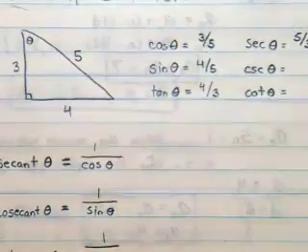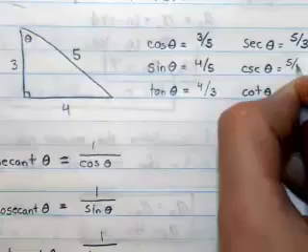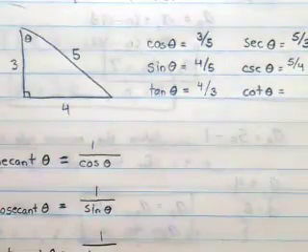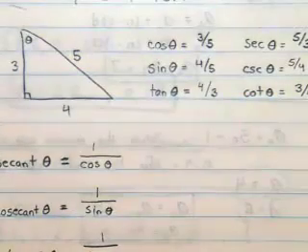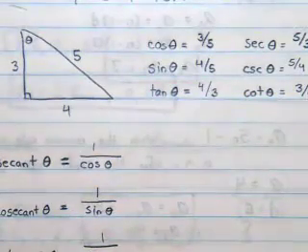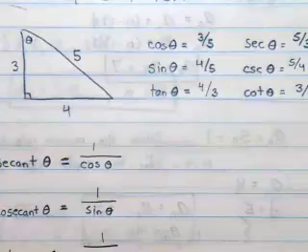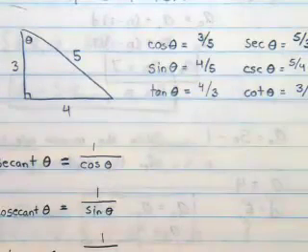What's the cosecant and cotangent then? 5/4. And 3/4. Okay, so looking at that, since the cosine is adjacent over hypotenuse, the secant is the hypotenuse over the adjacent.